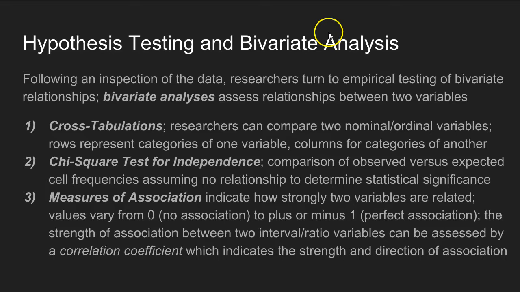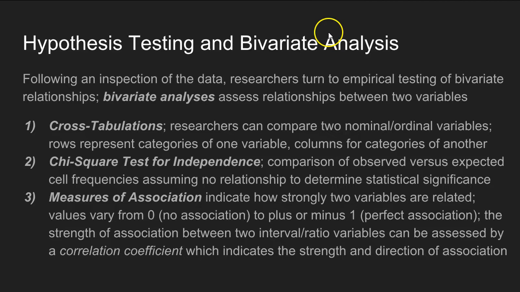If you pair a cross tabulation with a chi-square test for independence, this allows you to compare the observed versus the expected frequencies within each of the cells on that cross-tabulation. A chi-square test for independence assumes that there's no relationship between those two variables.